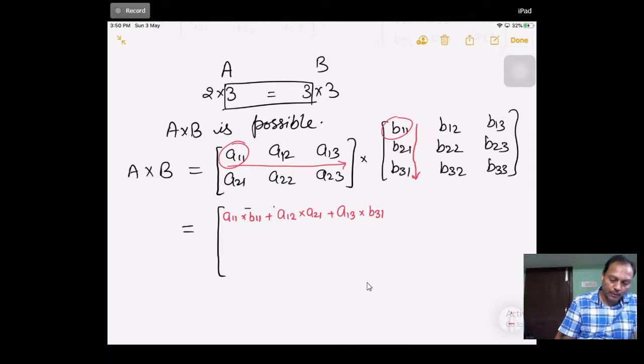In the same way, to obtain the element of the first row and second column, we multiply the first row with the second column: A11 into B12 plus A12 into B22 plus A13 into B32, like this.